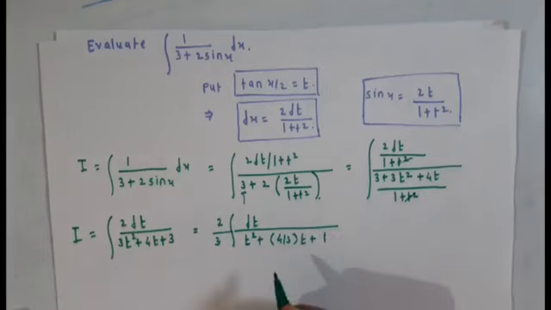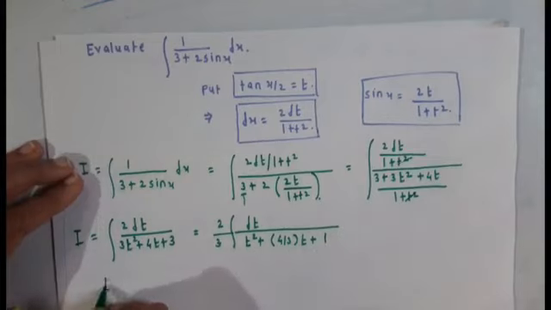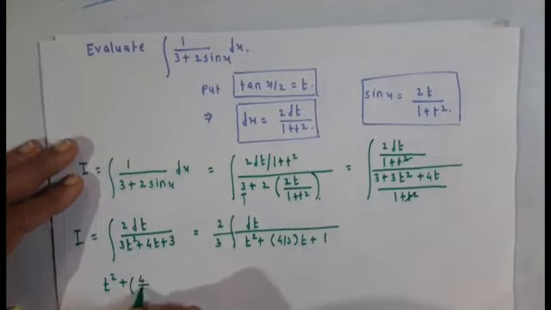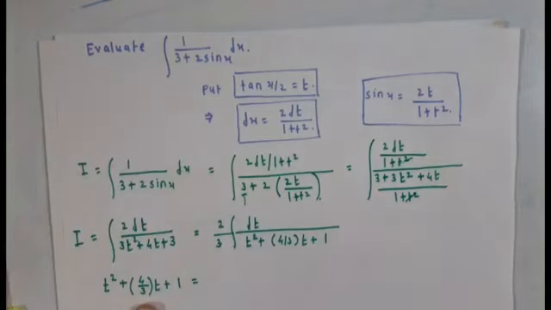Okay students, and now let us adjust the terms for completing the square. Now we have t square plus 4 by 3t plus 1. We know that for completing the square, we use the formula of the middle term square, that is 4 by 3, that is b by a whole square.